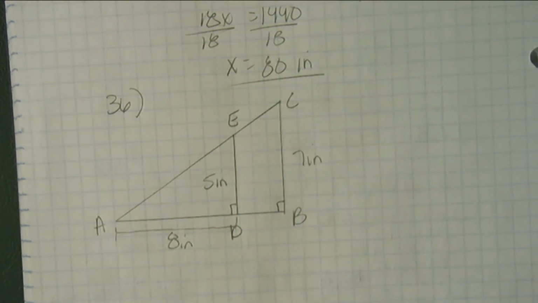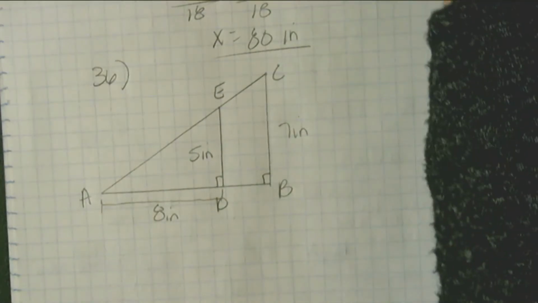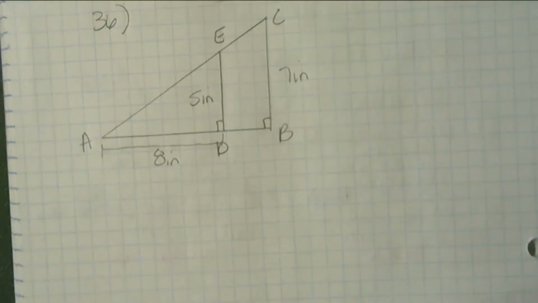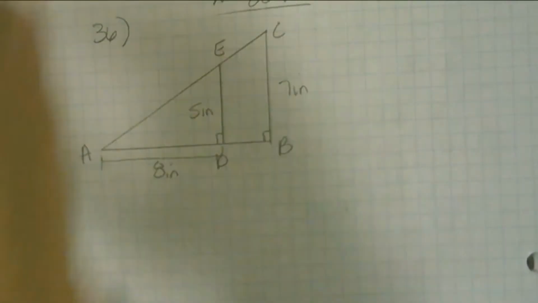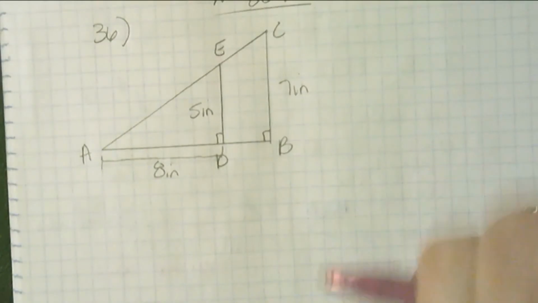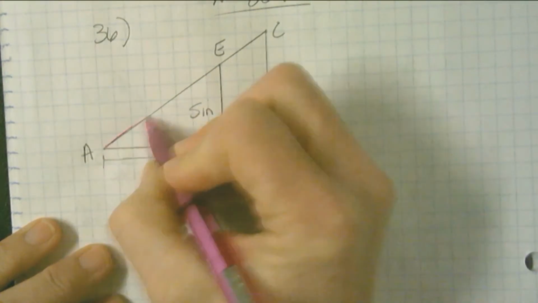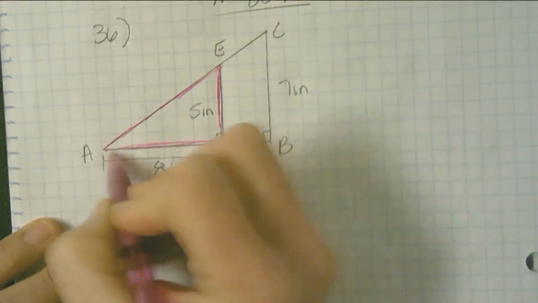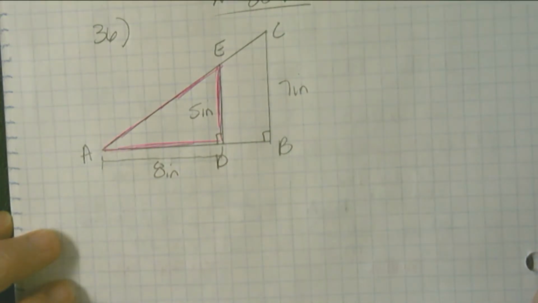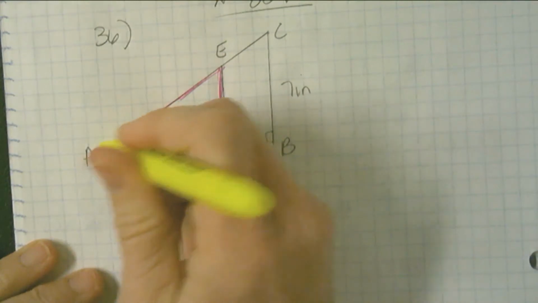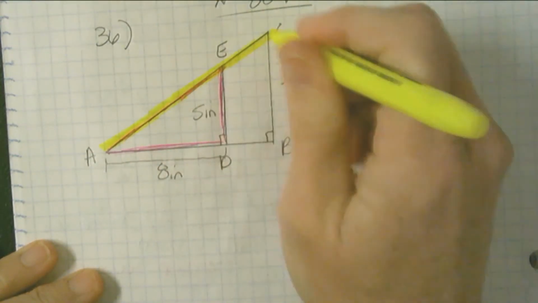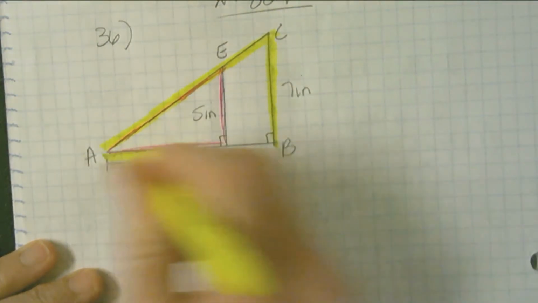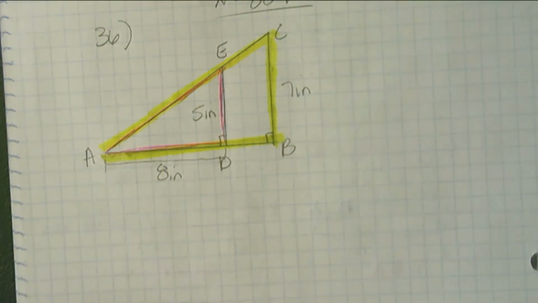And if I was to draw these separately, which I want you guys thinking about, all right, here is my small triangle. How many of you guys see that? Okay. Here is my big triangle. How many of you guys see that?